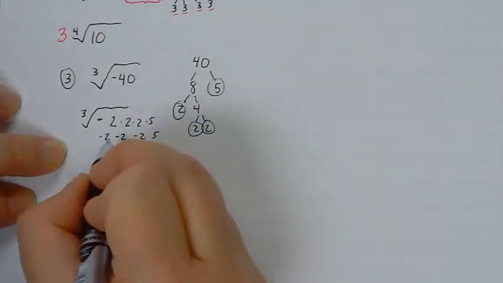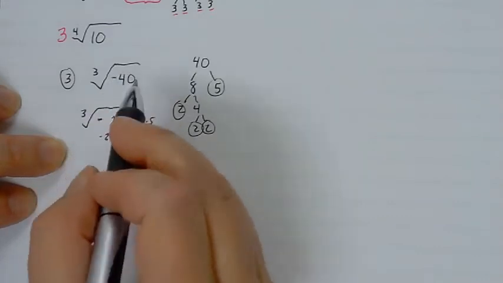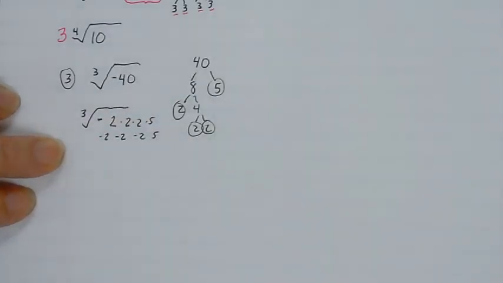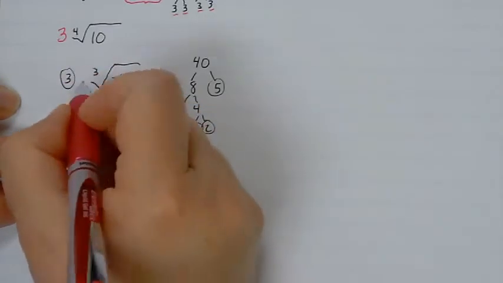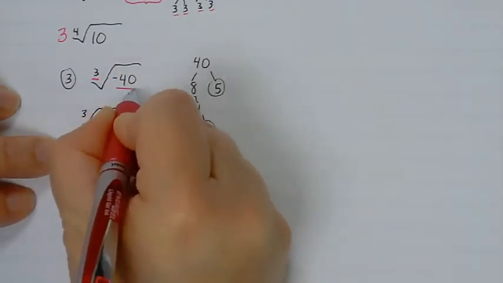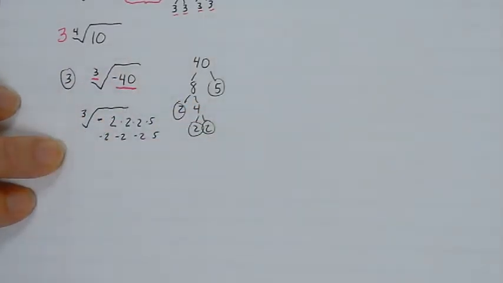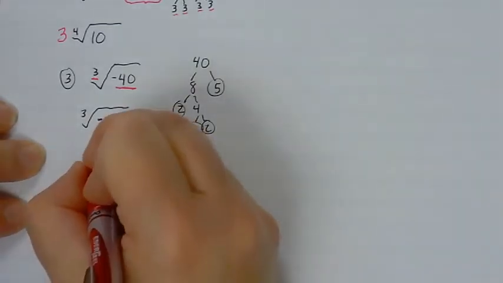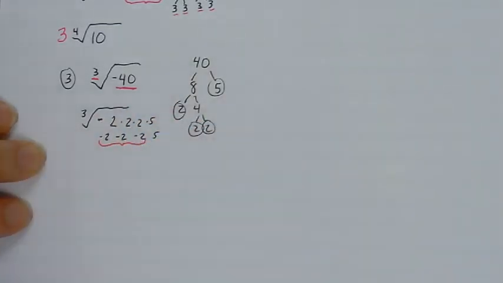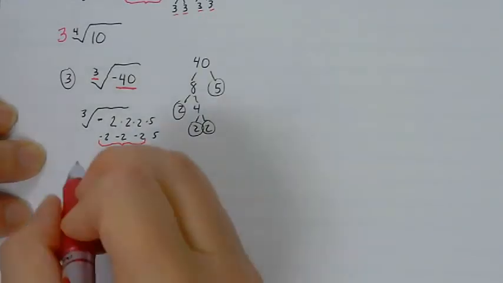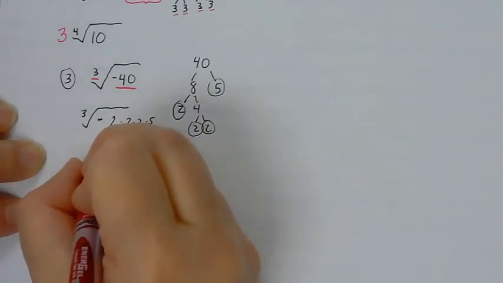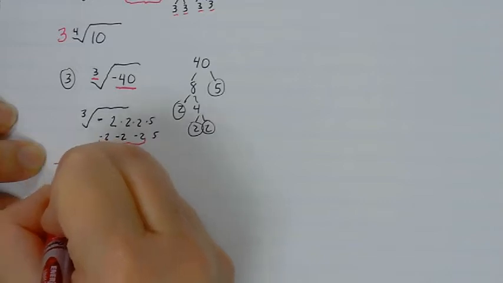Any amount of odd negatives produces a negative number. So when this is odd and the number inside here is negative, we know that our answer is going to be negative because I could have made all three of these negative 2. So my answer then, I have 3 negative 2s, so that's going to put a negative 2 on the outside.